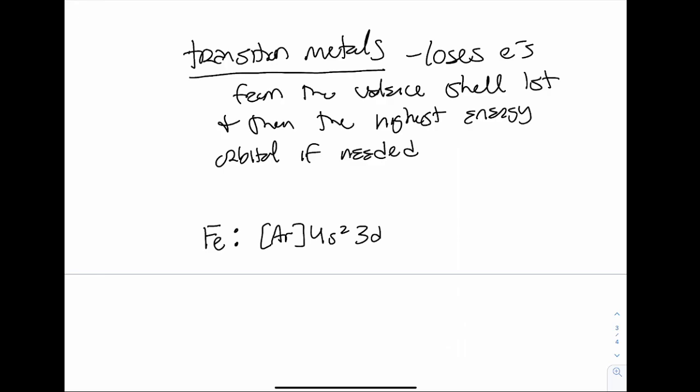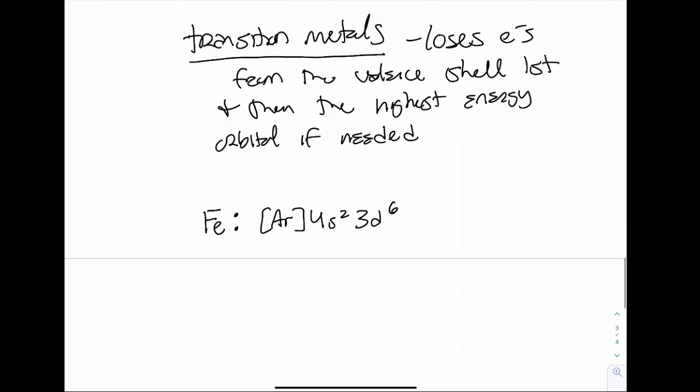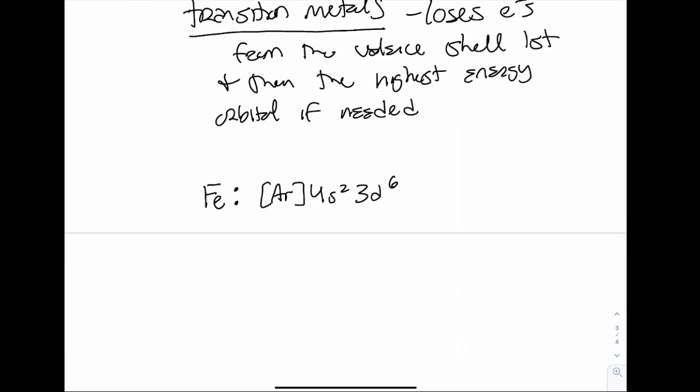I'm counting on the periodic table here. 1, 2, 3, 4, 5, 6. So 3d6. I want to draw a little bit more out without drawing the whole entire thing. So this would be the proper way to write the configuration. What I'm going to do is go up one more period, and I'm going to write that noble gas, which is neon. And then I'm going to write everything that comes after that.